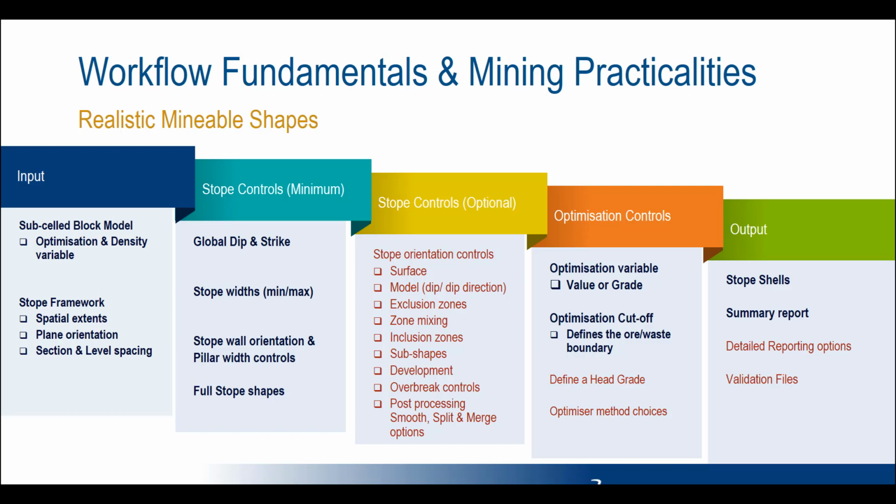I've captured the workflow fundamentals from left to right as you look at them on screen. I've summarized the bare minimum in the black text that's needed to generate some sort of a stope shell output. When I'm talking about a stope shell output, it's really a grade shell output in this open pit scenario.